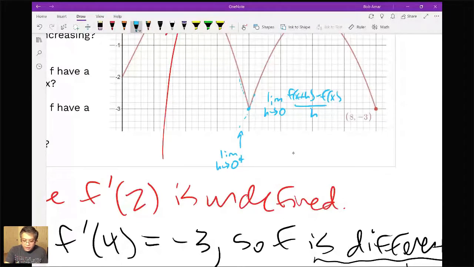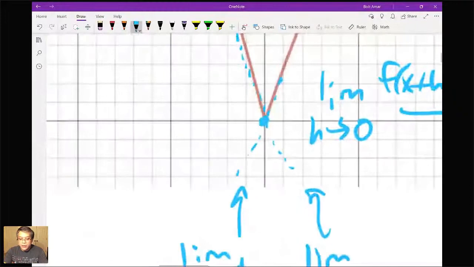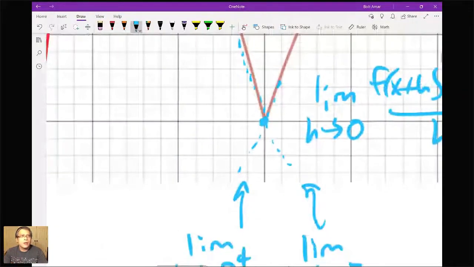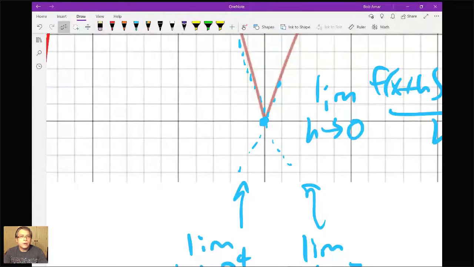This is the tangent line that's approached as h approaches 0 from the left. And so the tangent lines are going to approach two different slopes, and so the limit itself does not exist. There is no line. I could zoom into this as much as I want, and there is no line that is going to approximate this function at that point.